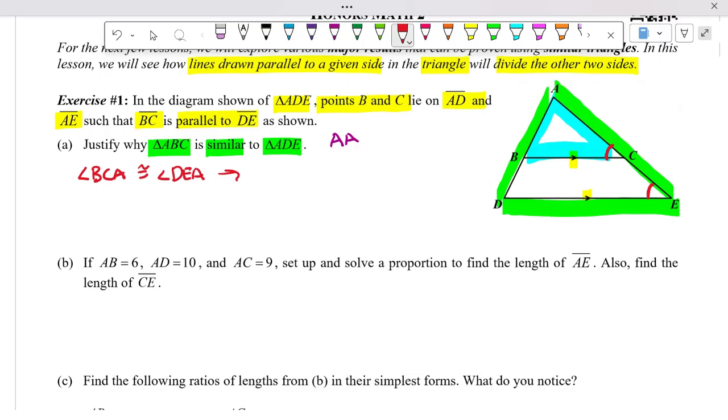So I want all the theorems that tell me congruent angles of parallel lines. There are 4 of them.